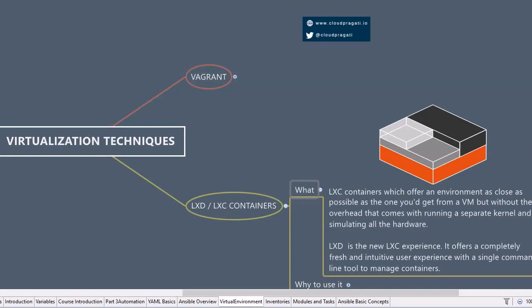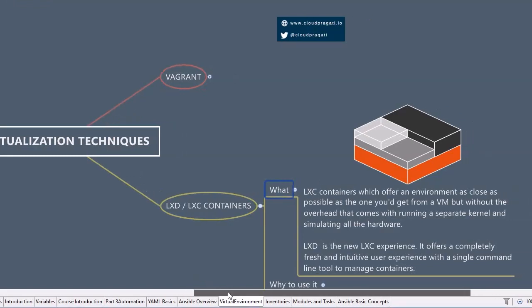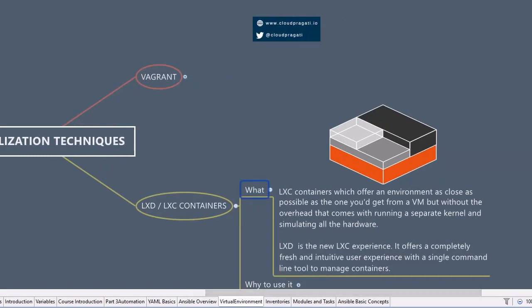It is an operating system based virtualization method which offers an environment as close as possible to the one you would get from virtual machines, but without the overhead that comes with running a separate kernel and simulating all hardware. So what does it mean? It means that LXC is part of the mainline kernel. It doesn't require hardware emulation, which makes it very light and very easy to use.